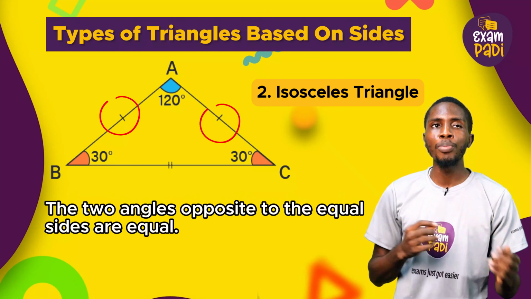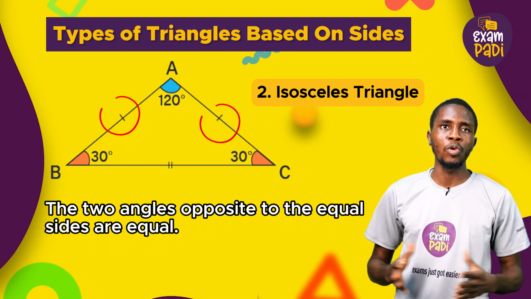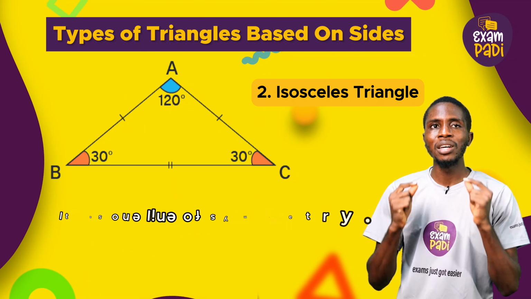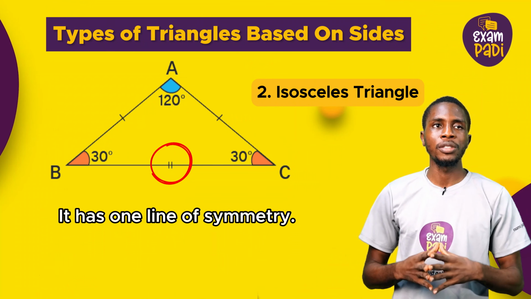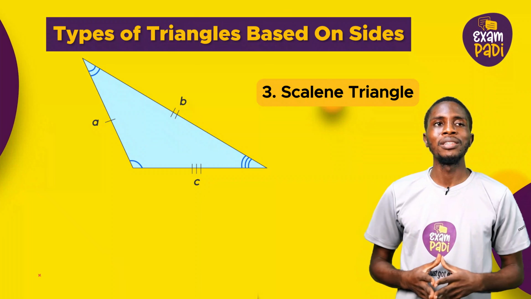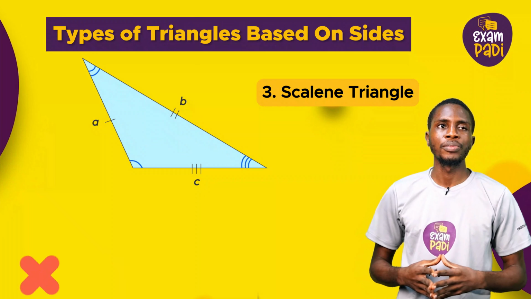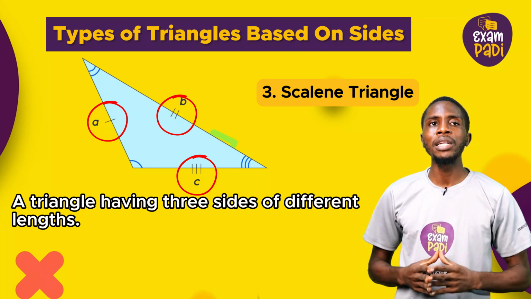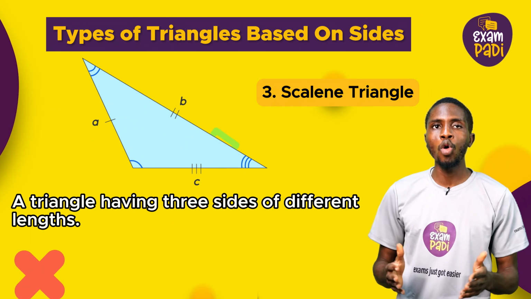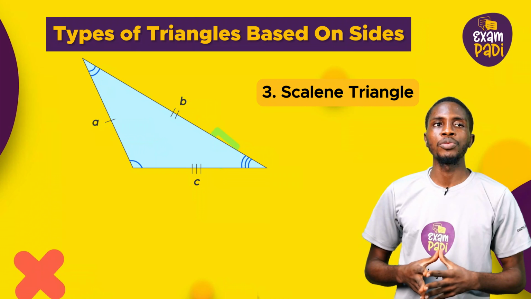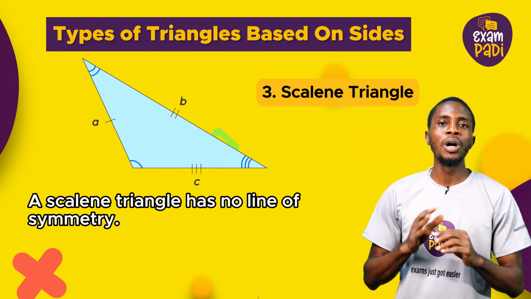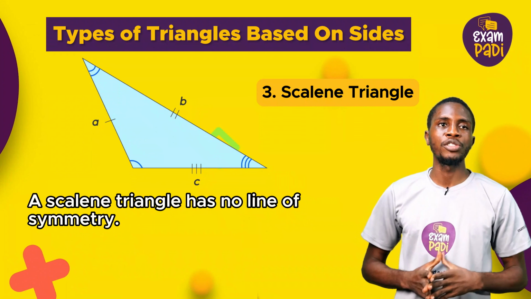The two angles opposite to the equal sides are equal, and it has one line of symmetry. 3. Scalene triangle. A triangle having three sides of different lengths is called a scalene triangle. A scalene triangle has no line of symmetry.